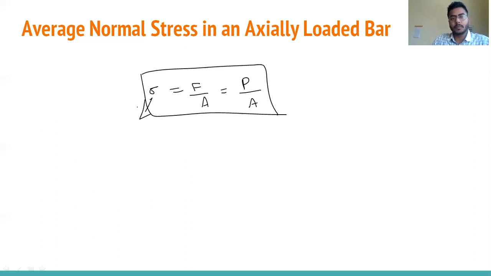So this is the average normal stress, and there is an assumption that this stress is uniformly distributed throughout the section, right? This is the average normal stress.